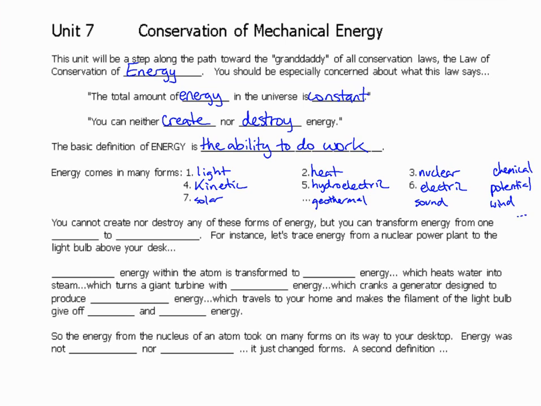You can neither create nor destroy any of these forms of energy, but you can transform energy from one form to another. For instance, let's trace energy from a nuclear power plant to the light bulb that's hanging above your desk. So we're starting with nuclear energy.